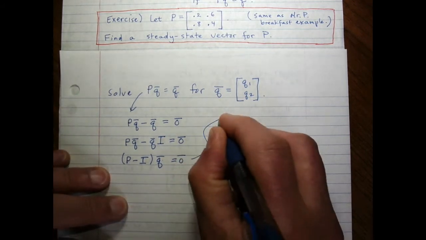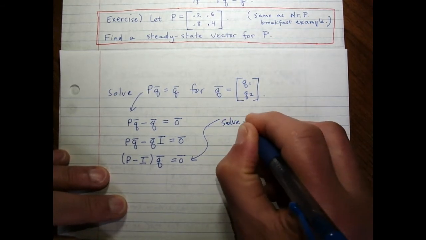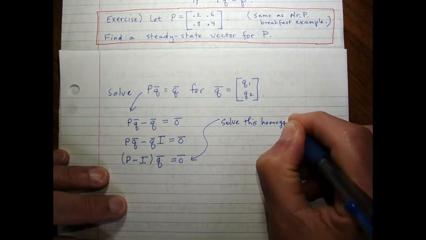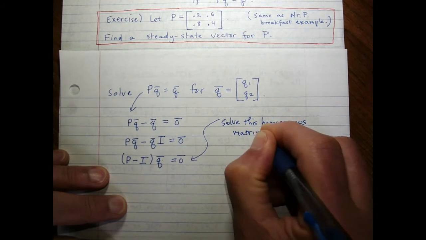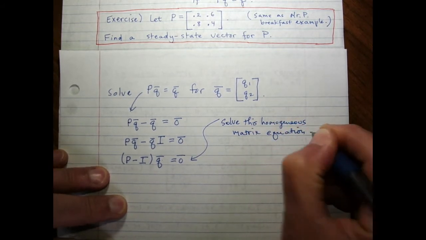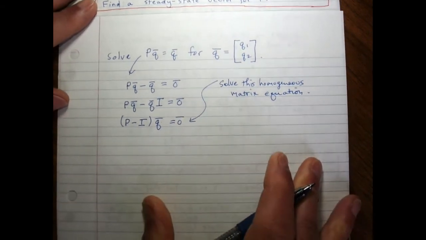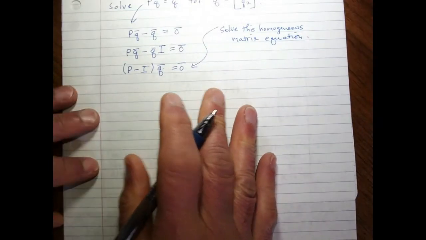And so what we want to do is solve this homogeneous equation. Something we've done over and over again, so we're going to make use of a concept that we're very familiar with here in our course.